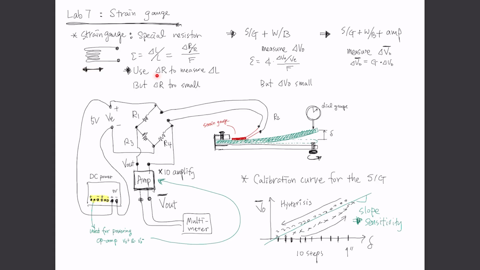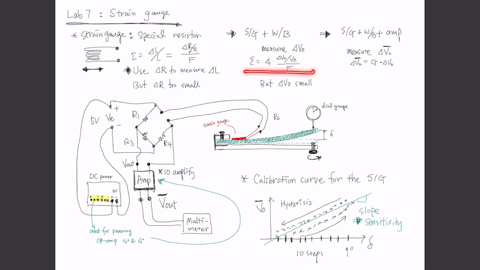So the strain gauge uses delta R to measure delta L, but the problem is this change of the resistance is very small. So they came up with an idea to add something called a Wheatstone bridge, and they are measuring the change of voltage instead of the change of resistance.